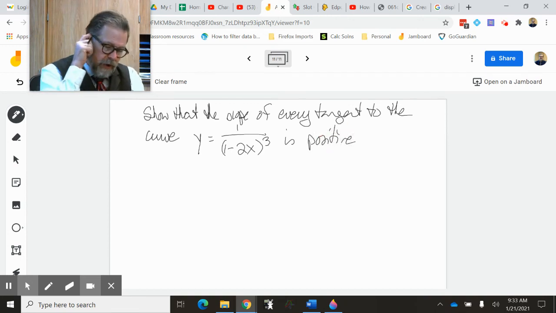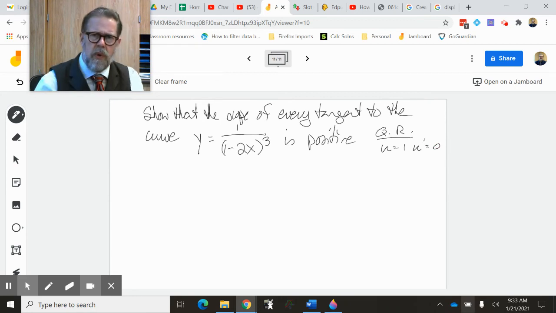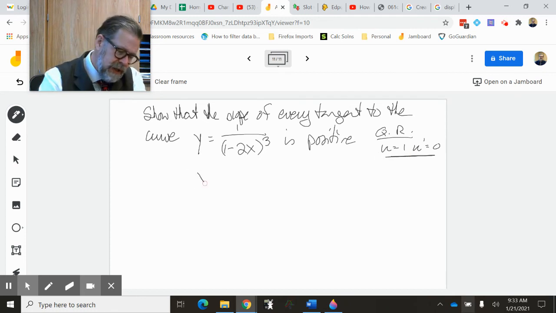So I could use the quotient rule. I do have a quotient here, but the problem is u is equal to 1. So for the quotient rule, u is equal to 1, the derivative of u is equal to 0. So you could do the whole quotient rule process, and you're just going to end up with a bunch of complicated stuff where some of it disappears. It's a lot easier to just write this as 1 minus 2x to the negative 3.